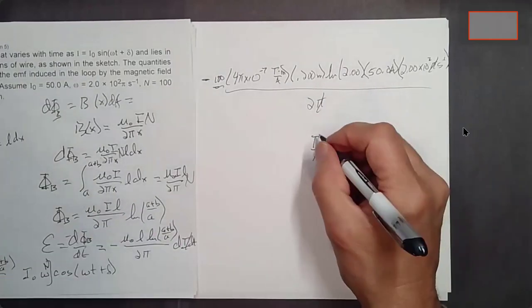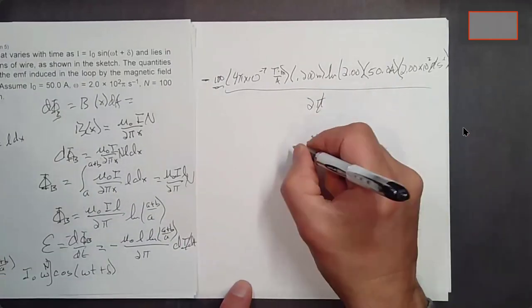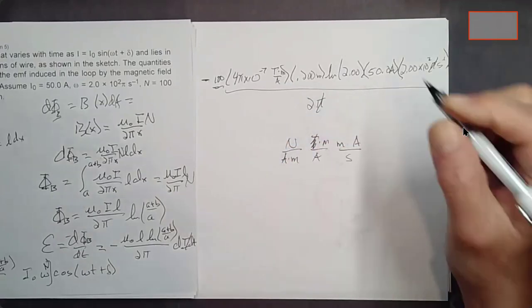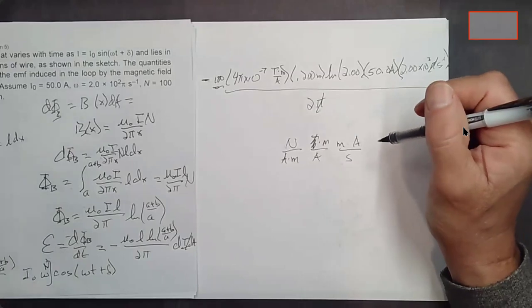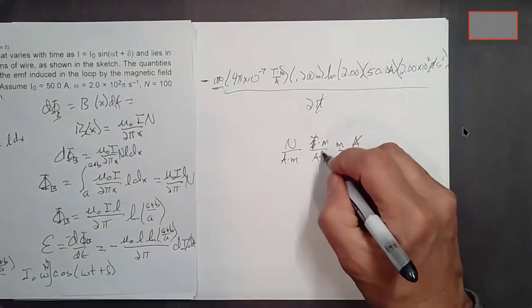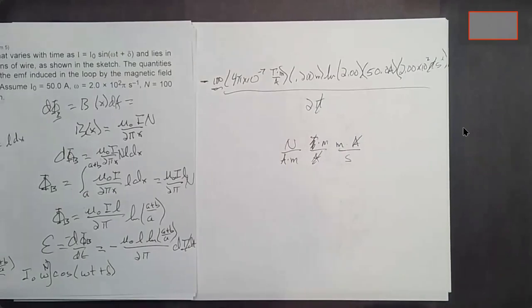A Tesla is a Newton per amp meter. Well, so far I've got my amps on the bottom, which isn't necessarily where I wanted them. Let's see. That would give me a Coulomb.